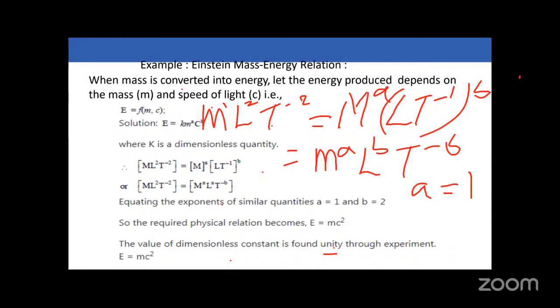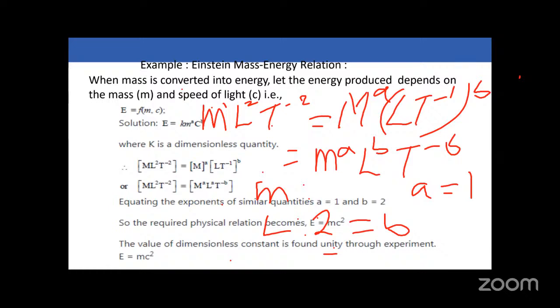On the left side, L is raised to 2, and on the right side it is raised to B, which means that B is 2.